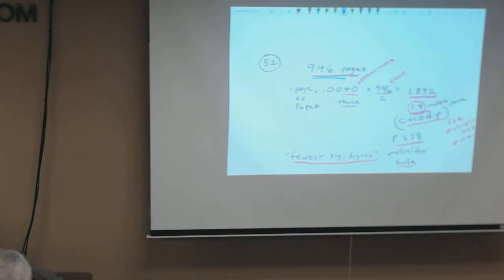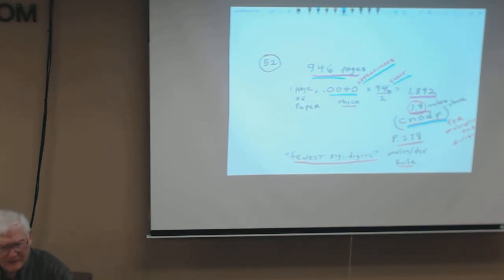If the thickness of one sheet of paper, one page of paper, is this thick, to the correct number of decimal places, find the thickness of the paper. How many pages? 946. That's an exact number. This is an approximate number because they measured it.